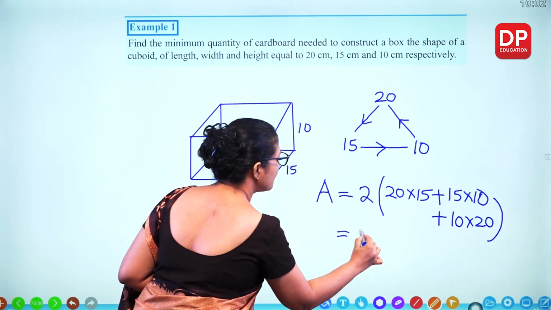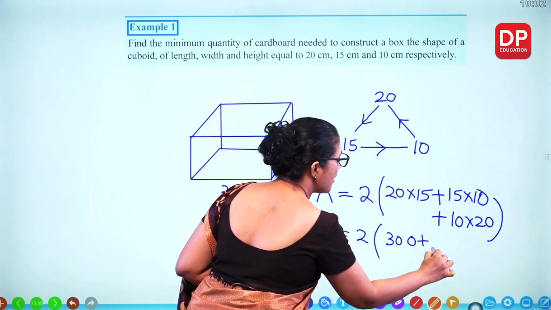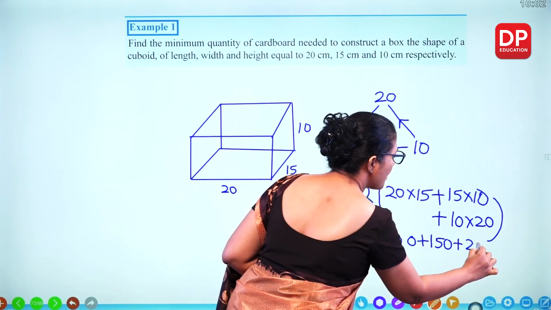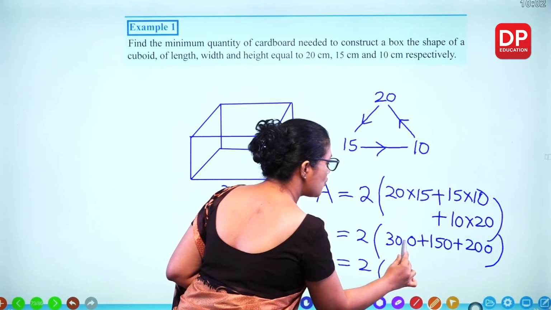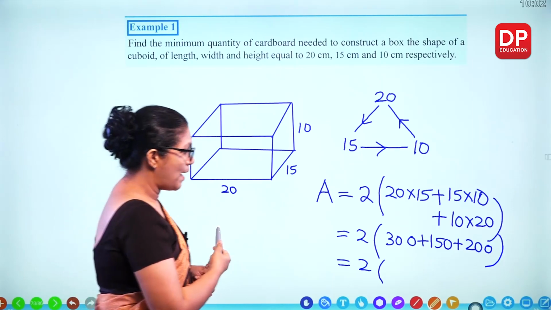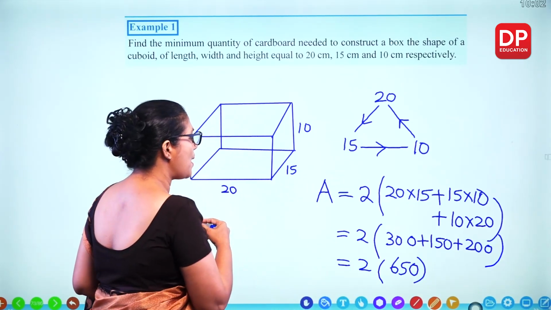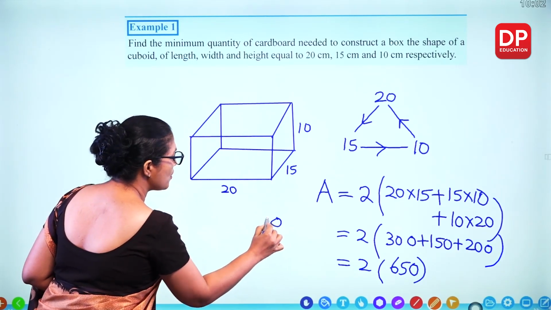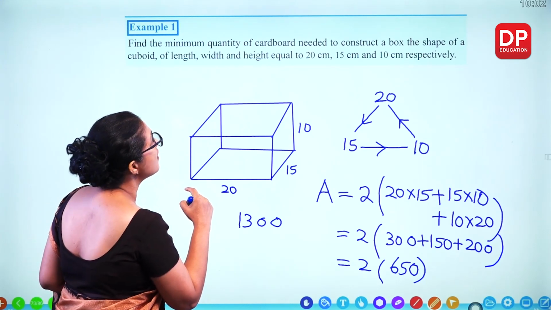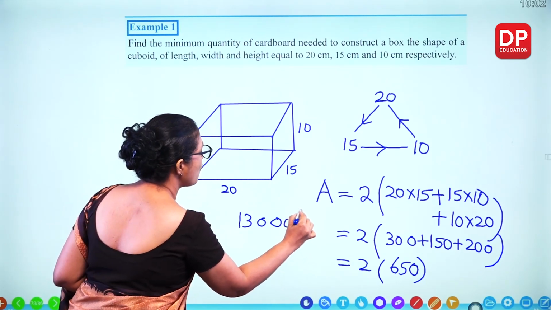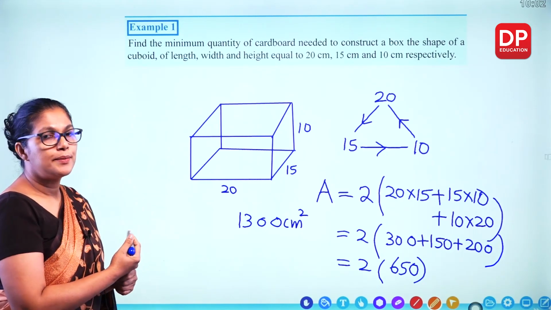So what's the value? 2 times, you get 300 here, 150 and 200. Add these, 300 and 200, 500, and this 150, that's 650. Multiplied by 2, you get 1300. So 1300 square centimeters of cardboard we need to create the cuboid.